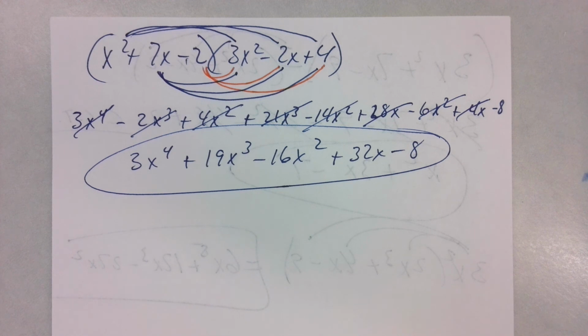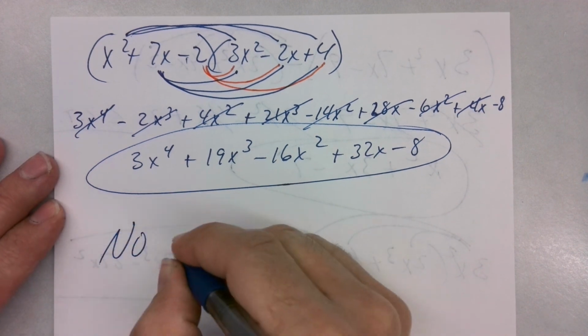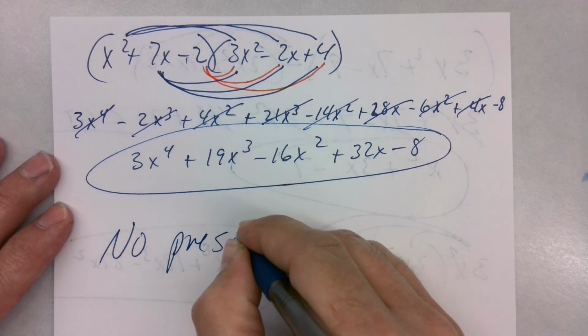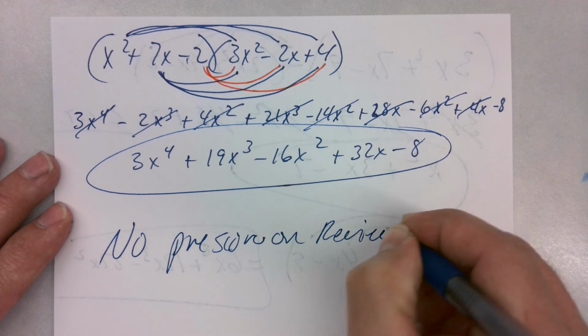Alrighty, I think that's everything. Any last minute questions? We all ready to rock and roll? Okay, so listen, pay attention. There is no pre-score on the review because we don't have that extra day.